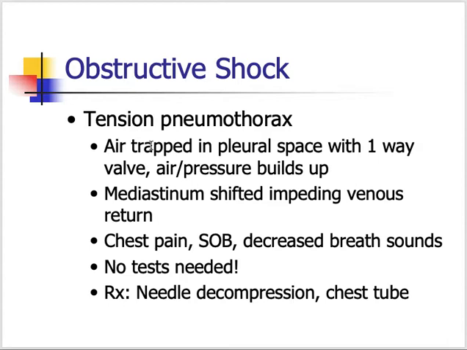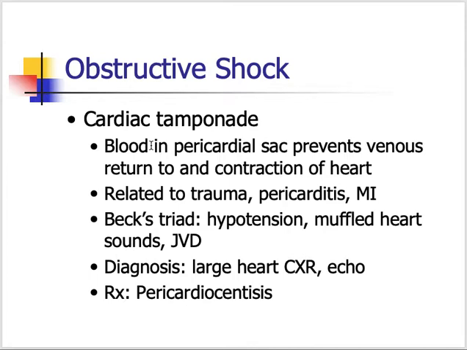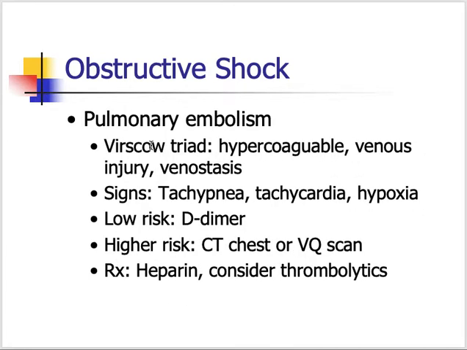Or massive pulmonary embolism, which I already showed you, in which a big clot gets stuck inside one of the big vessels and the blood cannot flow. When the blood cannot flow, the heart cannot fill up with blood, and cannot pump the blood effectively.